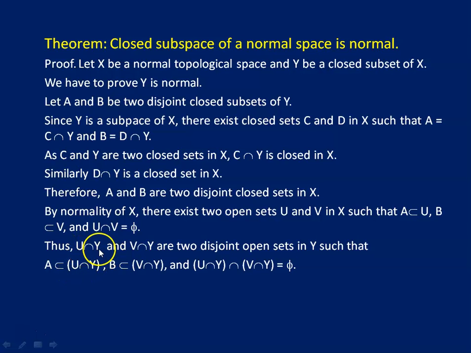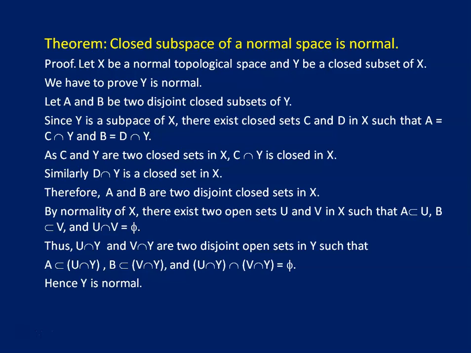Since U intersection Y is open in Y which contains A, and V intersection Y is an open set in Y which contains B, and their intersection is empty, we have two disjoint open sets in Y. One of them contains the closed set A and the other open set contains B. So Y is normal.